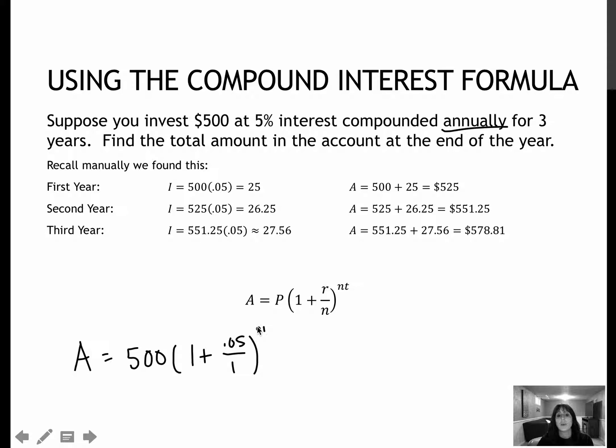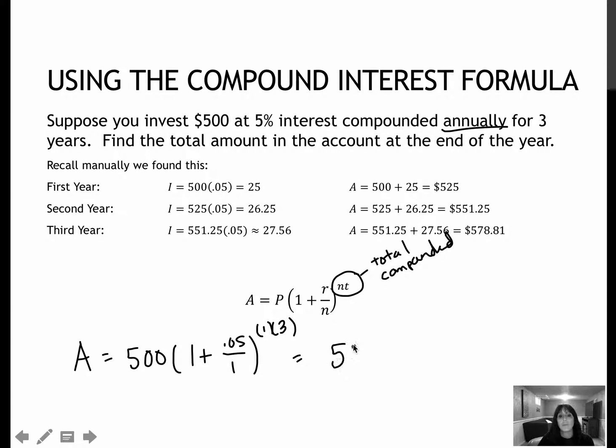And then to the 1, which is N, times T, which is 3. And this works because N times T gives us the total amount of times that it's compounded. Total compounded. So if it's compounded once per year in 3 years, that's 3 times total.